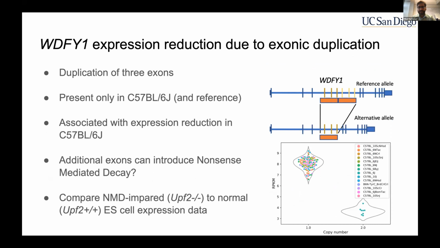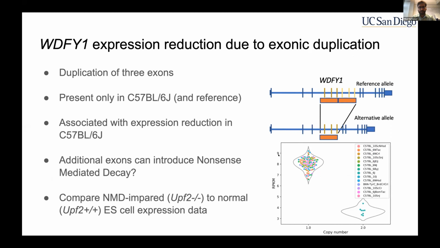Another interesting case that we found was a duplication in 3 exons in the WDFY1 gene. The middle 3 exons are duplicated in 6J and also present in the reference. This is associated with expression reduction in 6J.